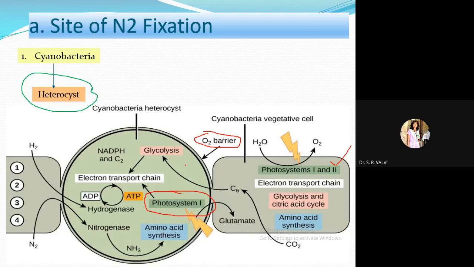This O2 barrier is very helpful for nitrogen fixation, meaning if the oxygen does not enter into the heterocyst, then anaerobic condition will be maintained within this heterocyst, and as the anaerobic condition will be there, our enzyme nitrogenase will work efficiently. To carry out the activity of nitrogenase we must have oxygen free condition.